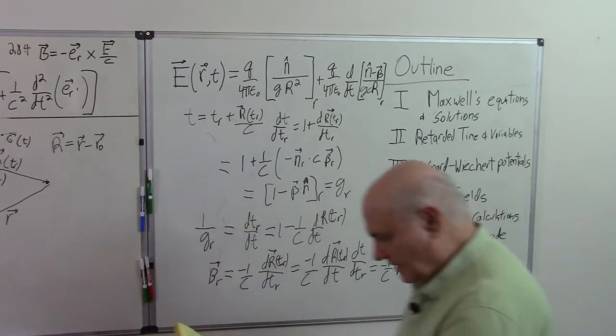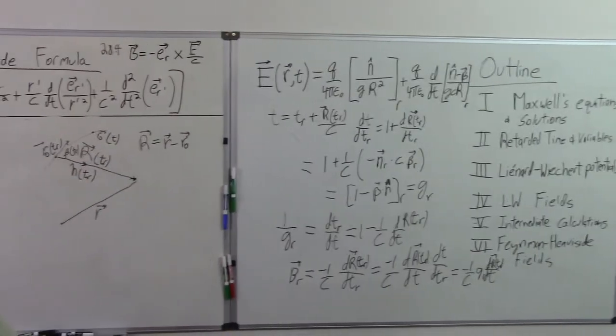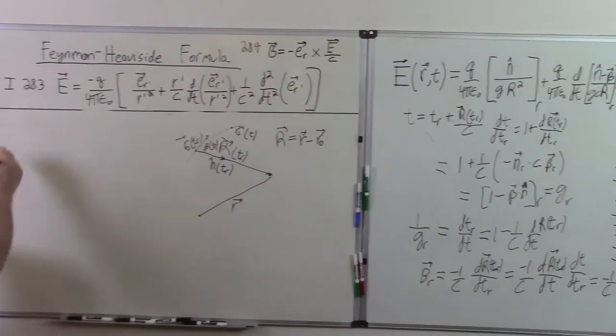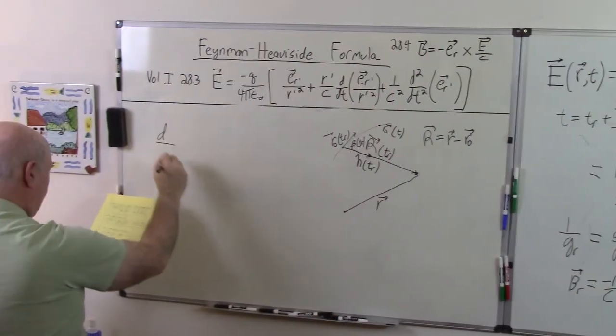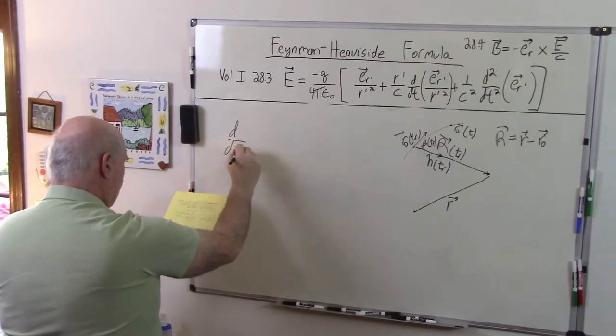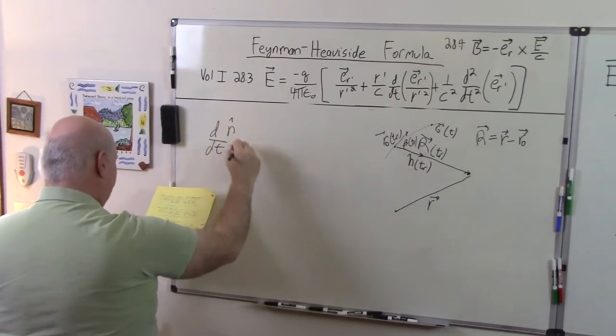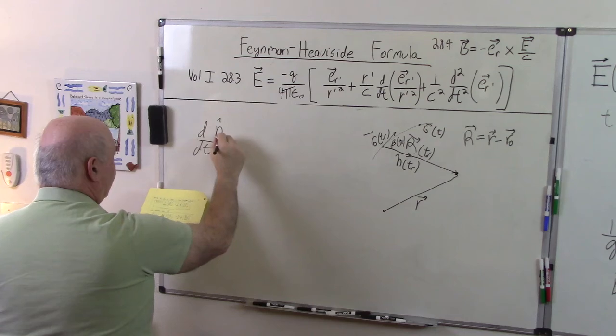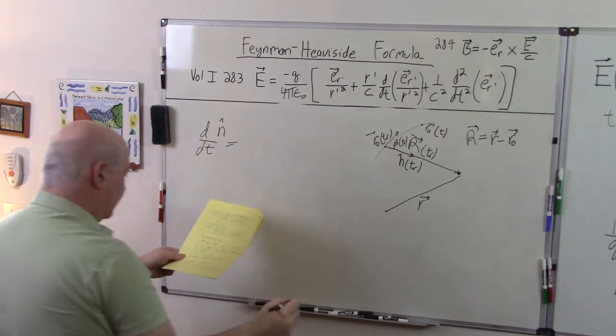I'll also derive another one that we'll use quite often: d/dt of n hat. This applies at all times, whether it's retarded or not.